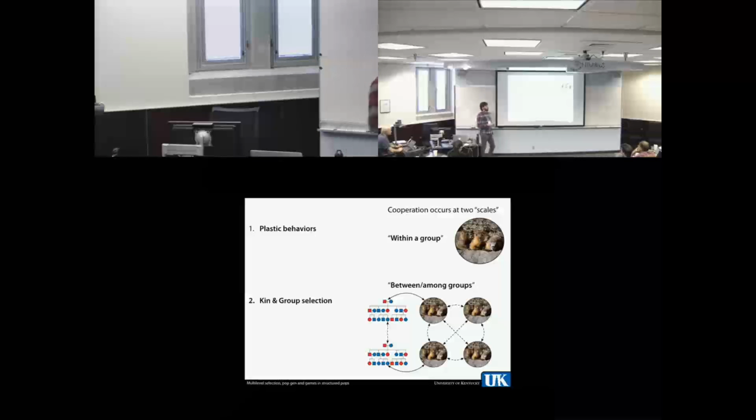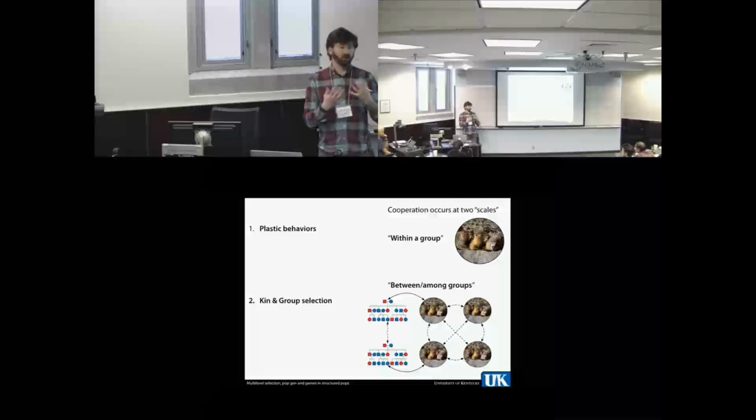Everything I'll be talking about today will be intraspecific cooperation. You can definitely export some of these ideas to thinking about mutualisms between species. There aren't really kin between species, but you can still get correlations, even genotypic correlations.